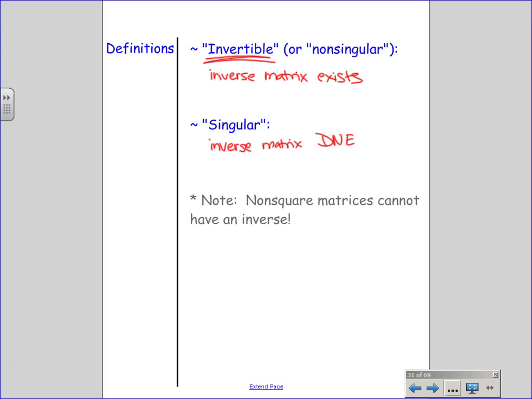That's probably going to be one of the most confusing vocab things, because we're used to a non-word having a negative meaning. In this case, non-singular is the good one. Singular describes an impossible to invert matrix, or a matrix whose inverse does not exist. We already talked about non-square matrices cannot have inverses, so all non-square matrices are singular. However, here's the struggle: not all square matrices are non-singular. Uh-oh.